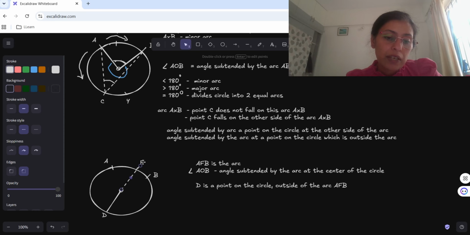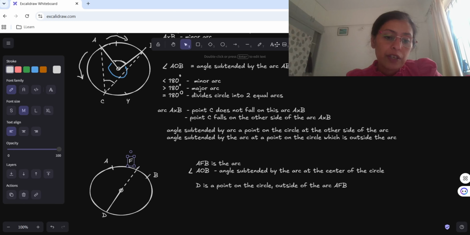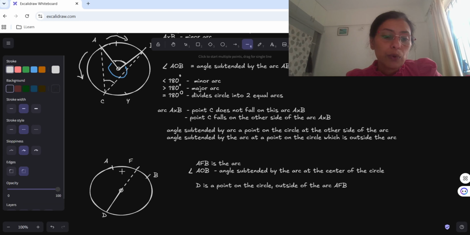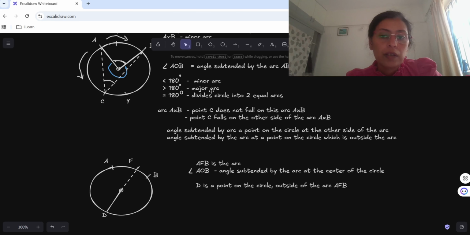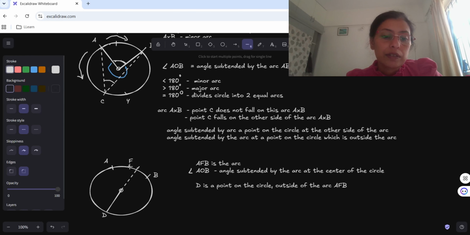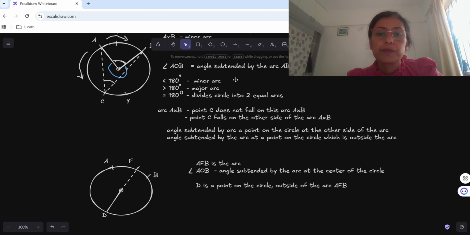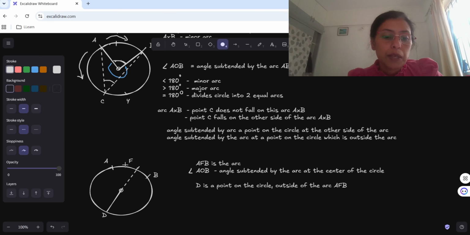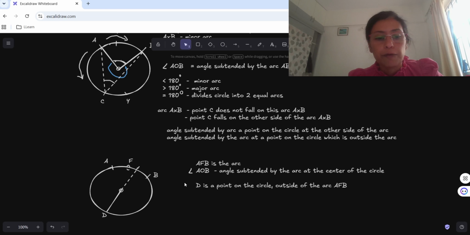Now it is cutting exactly at F here, so I'll just shift the point F to this. This is F.